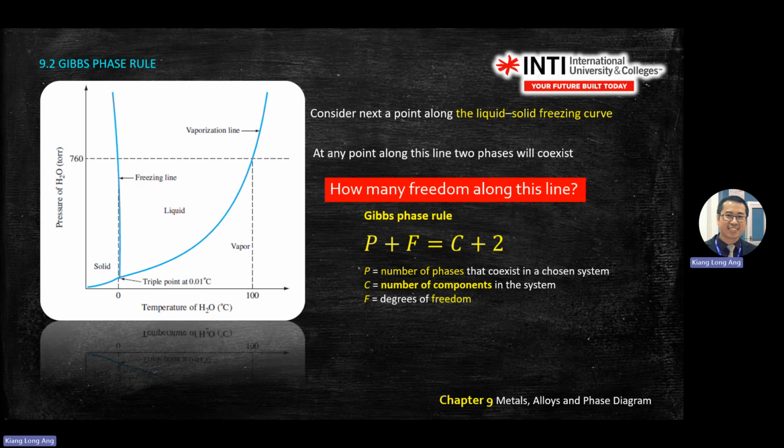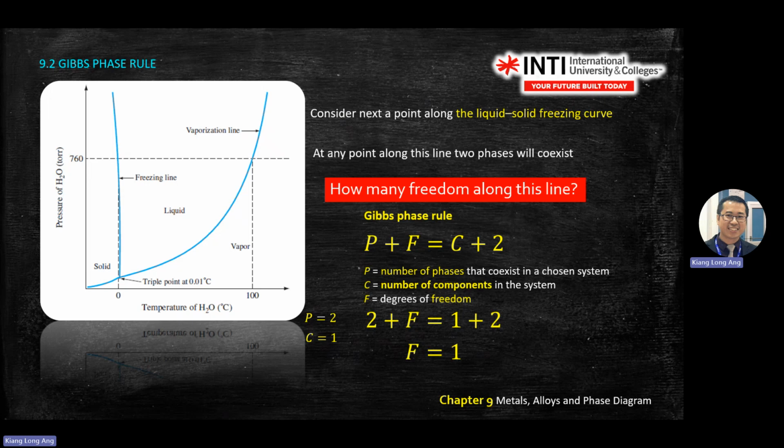How many F? 1. P is 2, the phases are liquid and solid. C is 1, you only have 1 water here. So your freedom is 1. Meaning along this line, it can change to either liquid or solid. You can flip between these two.